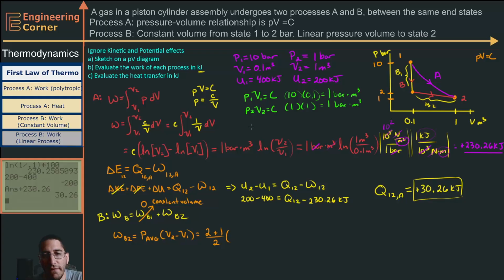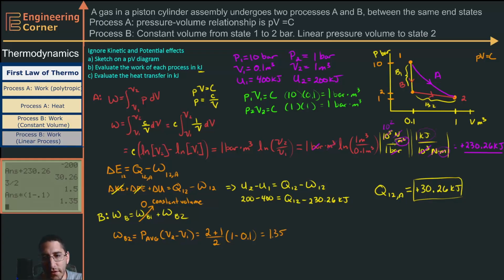Our change in volume is going to be V2, which is 1, minus 0.1, our V1. And we get that this is equal to 3 divided by 2 times 1 minus 0.1, which is 1.35.